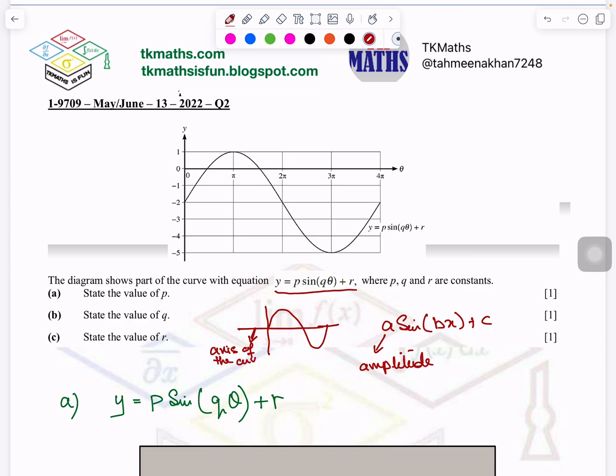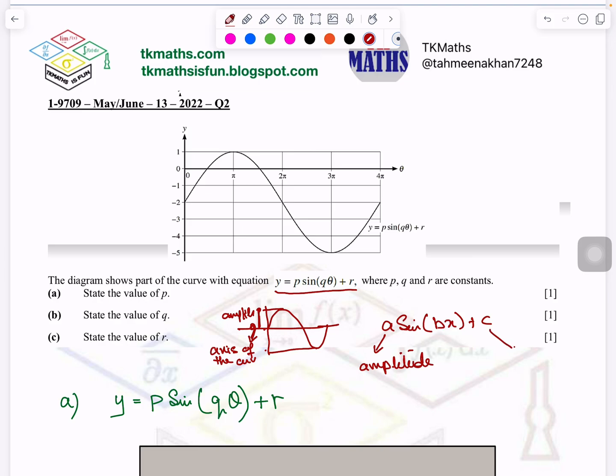This is your maximum point, and this is your minimum. The distance between the axis of the curve and the maximum value, or between the axis of the curve and the minimum value, is called amplitude, right?